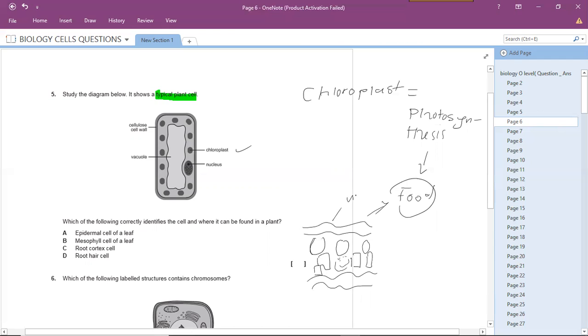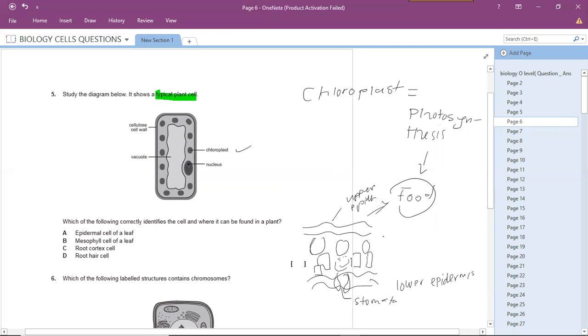So that's the upper epidermis, and the lower epidermis. There should be a guard cell there, and this will be your stomata, the air space to allow air to go inside and outside.